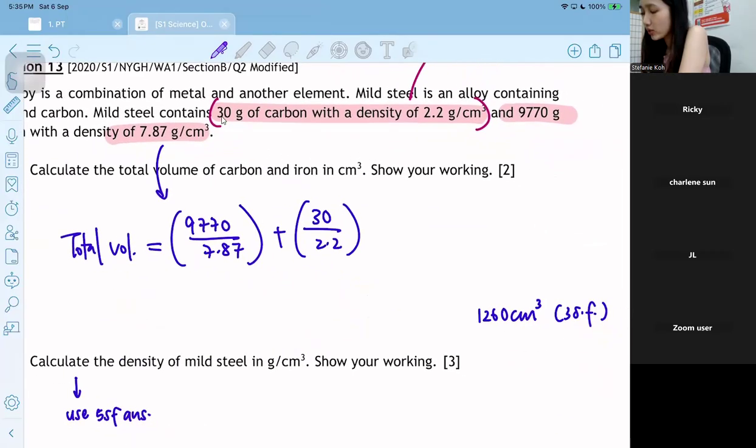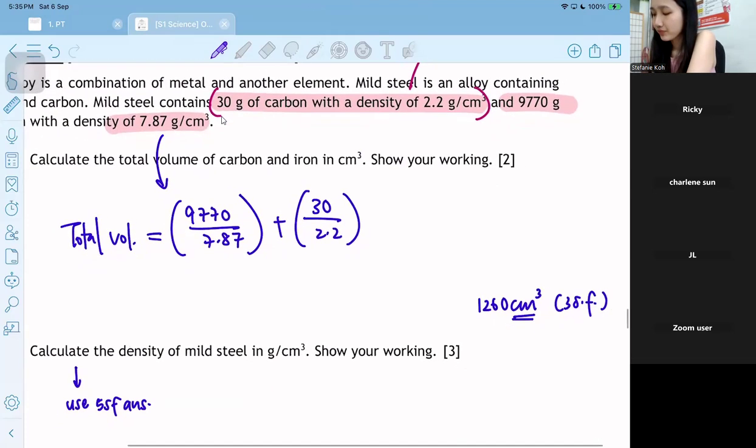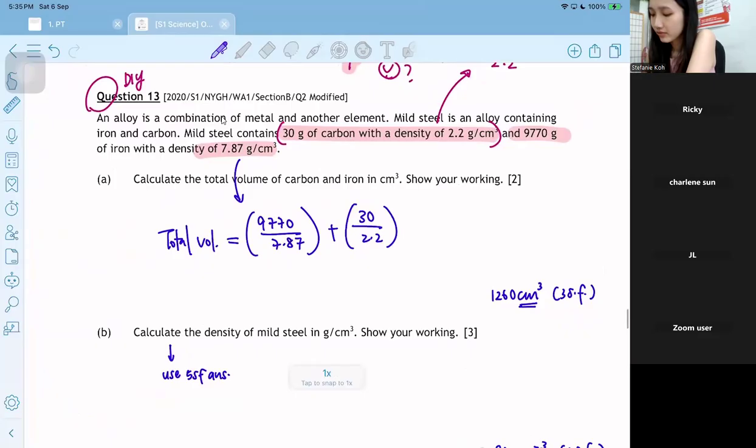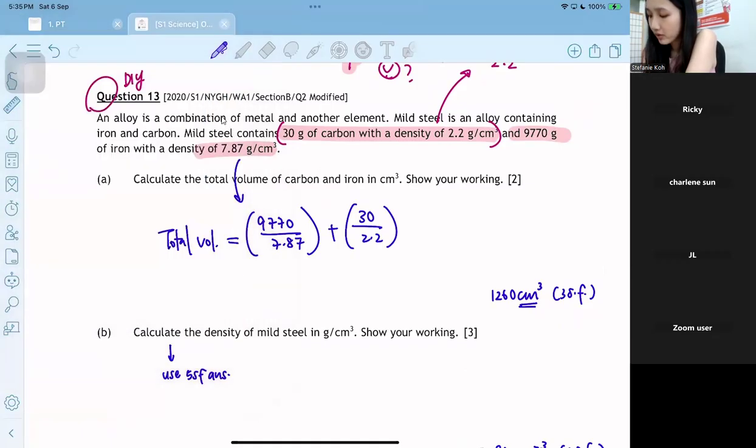Okay, and she has gotten 1260. Don't forget your units. 1255.05.